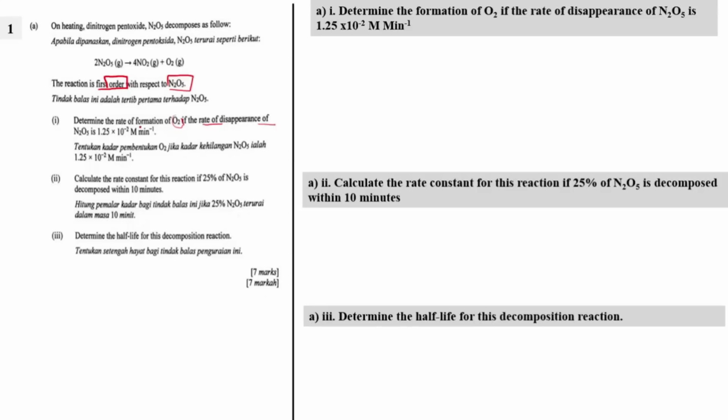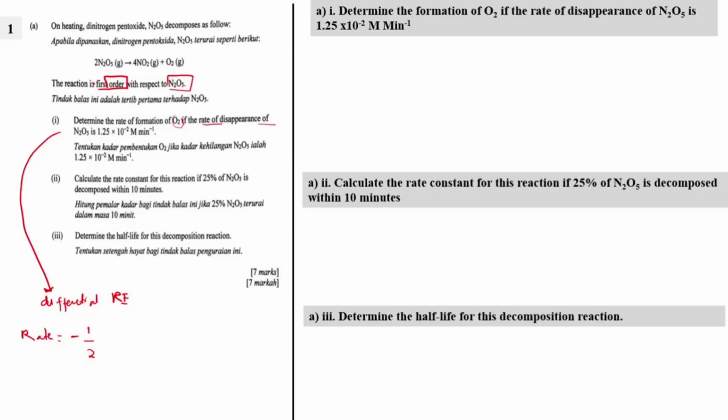In order to solve this question, we're going to use the differential rate equation. We start with rate, and we look at the reactant here: negative 1 over 2, where 2 represents the stoichiometry.